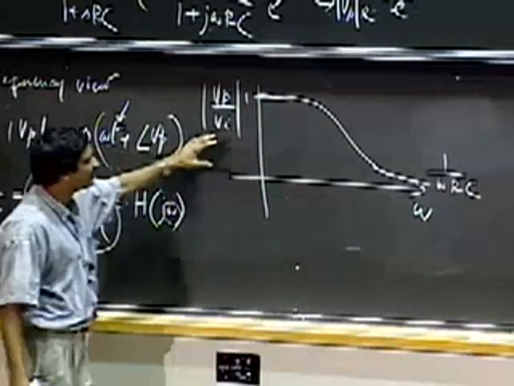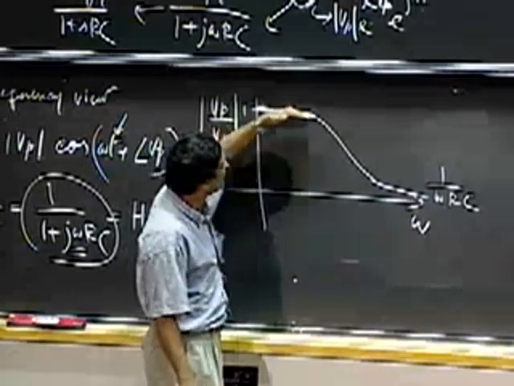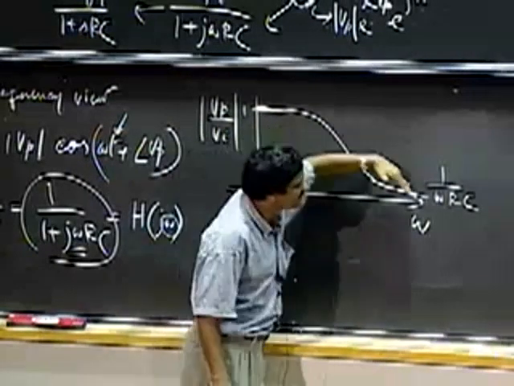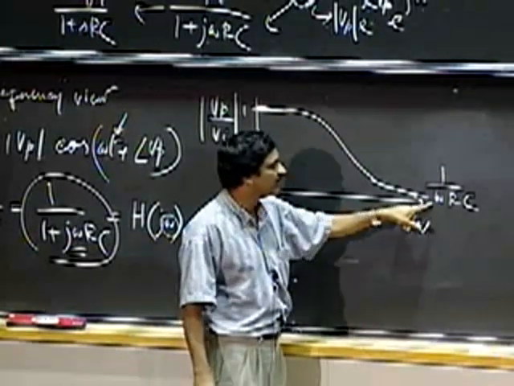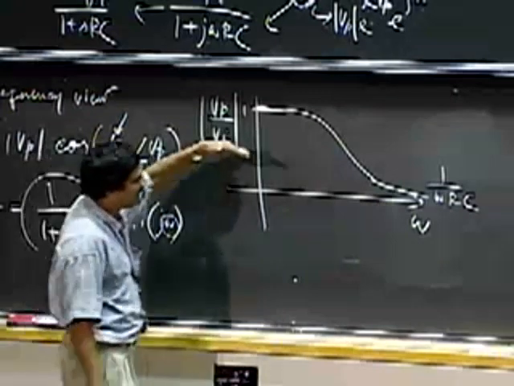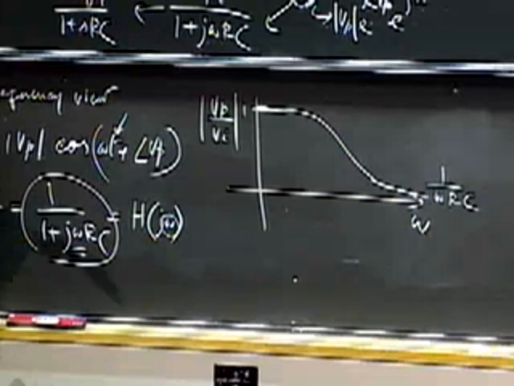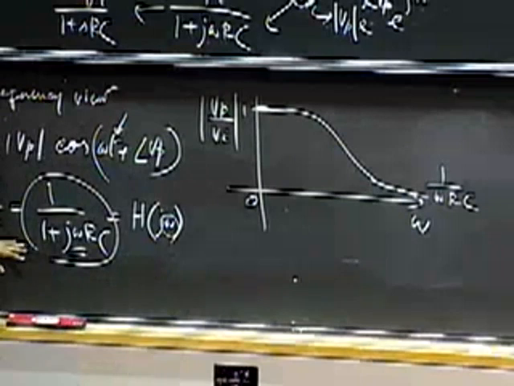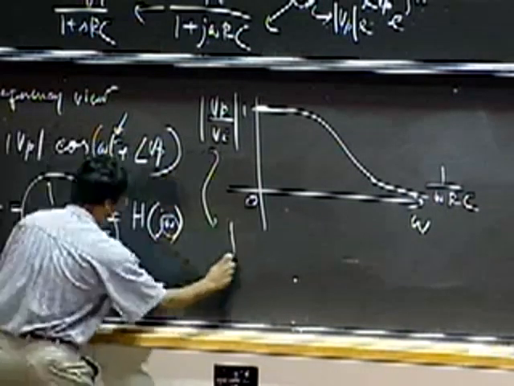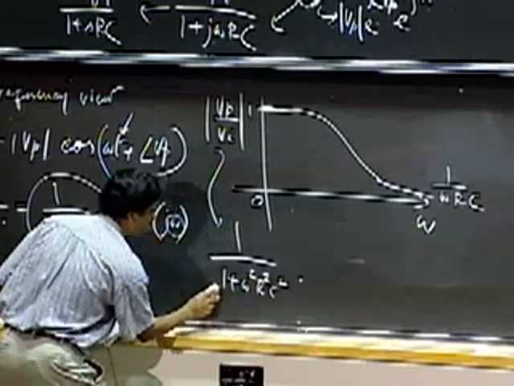We also commonly plot this using log-log scales. When you do log-log scales, you get a straight line of slope -1 because the log of this gives you a line with a constant slope, so it becomes a straight line going down. The other interesting thing to realize is that this magnitude is simply 1 by the square root of 1 plus omega squared R squared C squared.